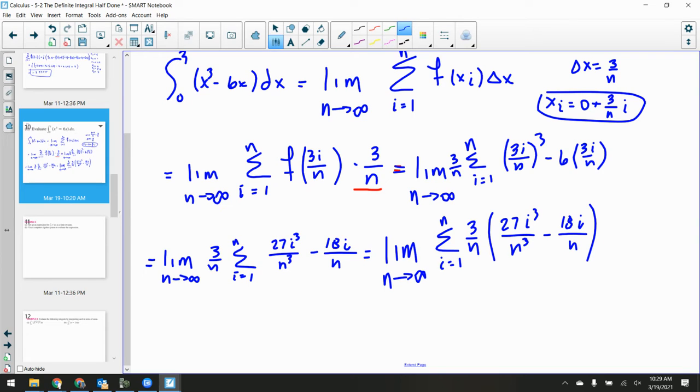What I'm going to do now, because that can come in and out since it's not dependent upon I, is distribute this in now. I'm going to multiply that in.